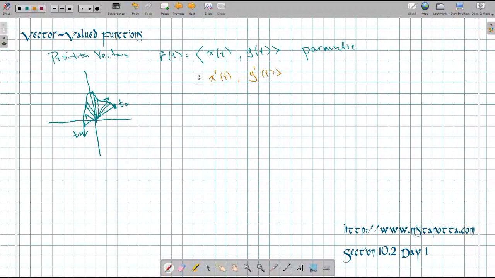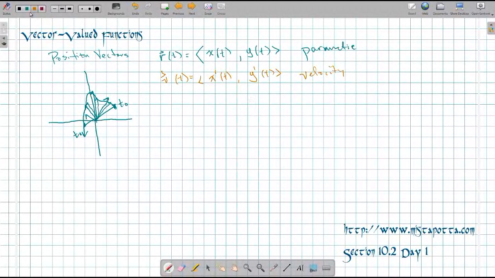And when I do that, I end up with a velocity vector, v of t. So this is velocity. And this allows me to find the vector that represents velocity at any particular time.